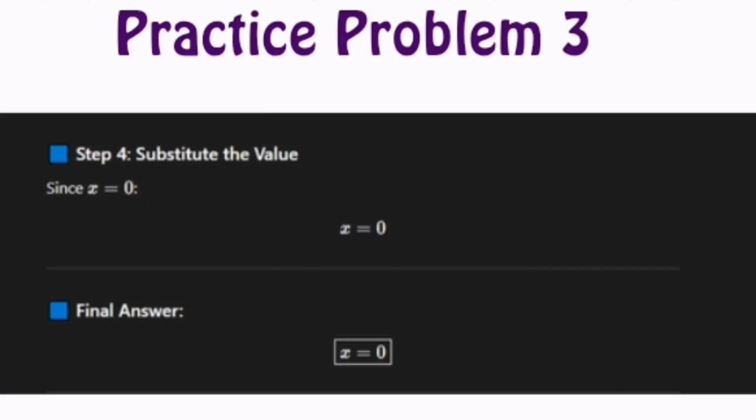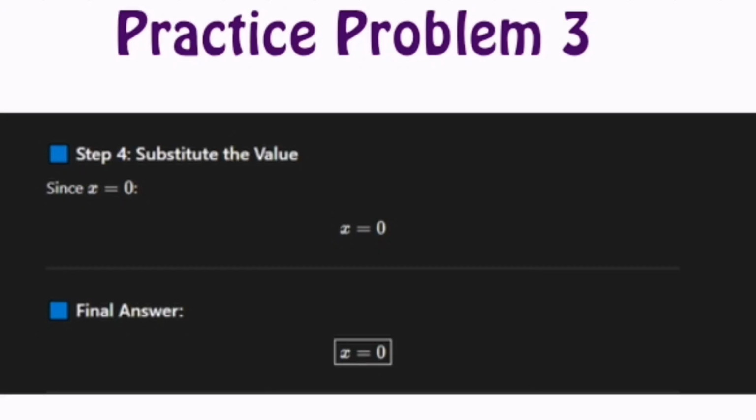So both points lie on the line x is equal to 0. Step 6 is visual interpretation. Imagine a graph. x is equal to 0 is the y-axis. The line goes straight up and down. It passes through (0, 7) and (0, negative 7) and all points where x is equal to 0.